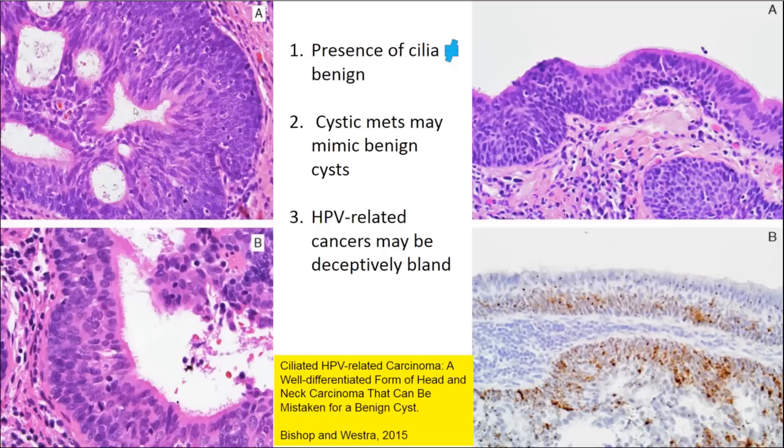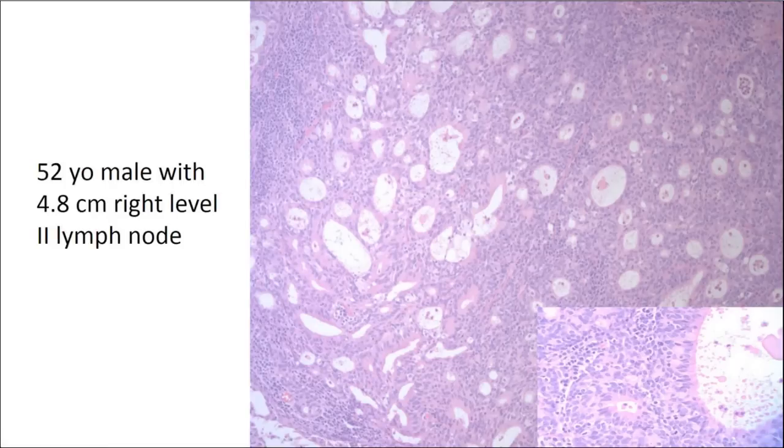And this is an example of a case that we had that was referred in here, which was a lymph node in a 52-year-old male, so almost 5 centimeters, level 2. And we had these cystic areas. I think the person that sent the case in was feeling it was cancer, but they weren't sure because, again, it had these very bland areas within the mass.